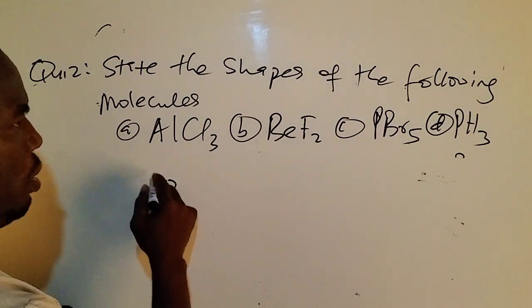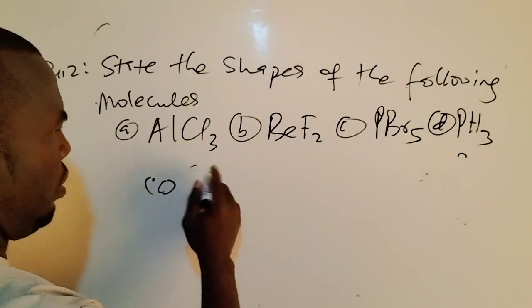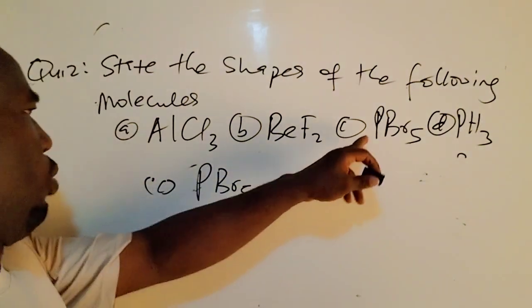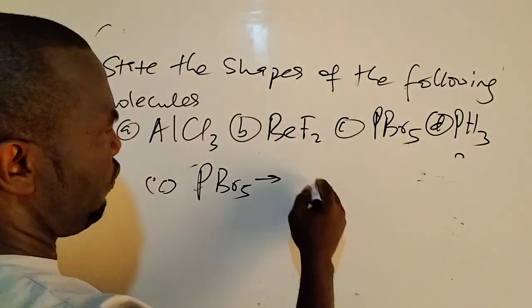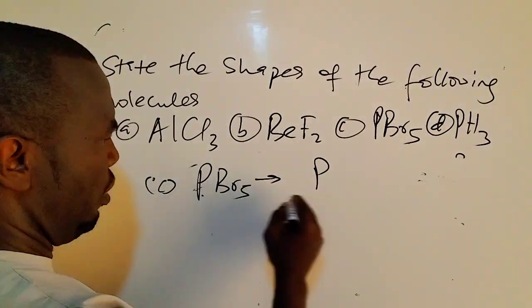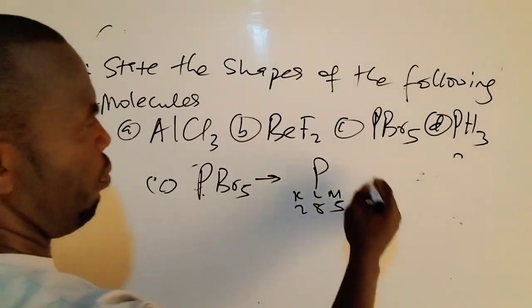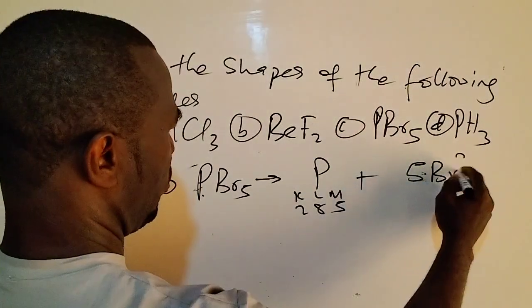Look at the options, option C. C is phosphorus pentabromide. In this one, we have phosphorus, atomic number 15, plus 5 bromine atoms.